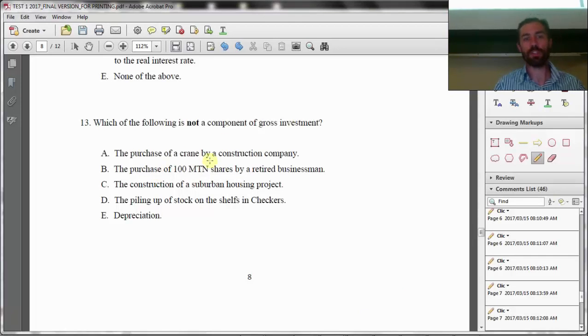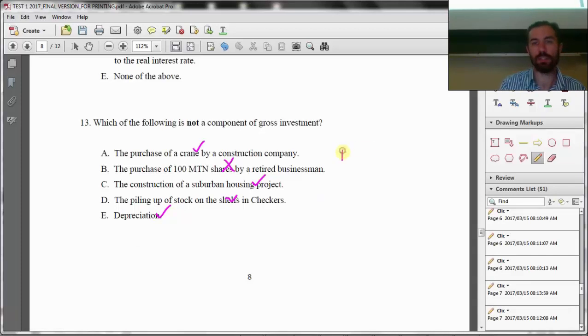Anyway, so purchase of a crane, yeah, that's part of investment. If you're purchasing shares, no. Construction of houses, that is part of investment, gross investment. Stockpiles, yeah, that's fine. And depreciation, well, in fact, depreciation is part of gross investment.